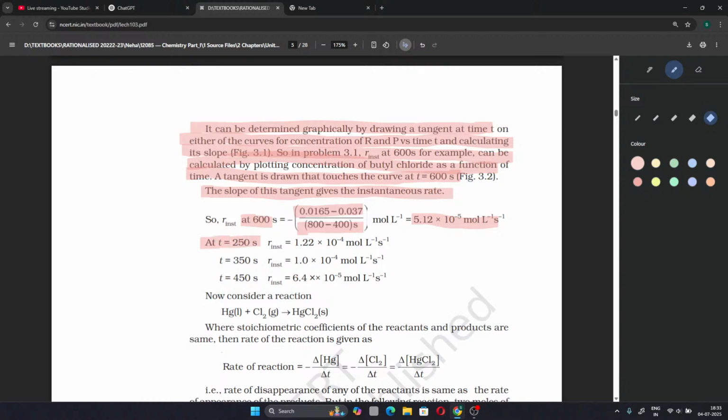At time equals 250 seconds, the same way they calculated r instantaneous, which is around 1.22 into 10 power minus 4 mole per liter per second. At 350 seconds, r instantaneous is 1 into 10 power minus 4 mole per liter per second. At t equals 450 seconds, r instantaneous is 6.4 into 10 power minus 5 mole per liter per second. These are just the values.